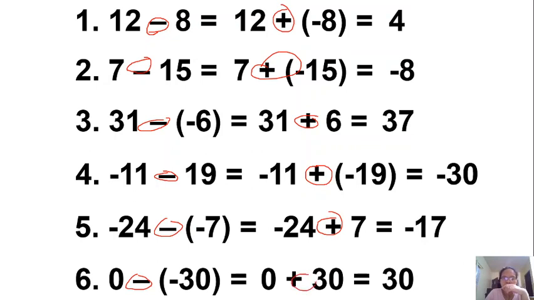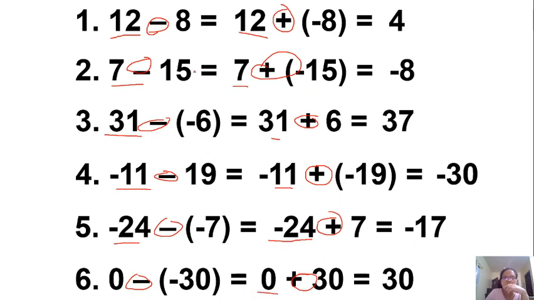Aside from that, what happened to the minuend? The first number, we simply copy. So 7, copy it here. 31, copy it here. And then negative 11, copy that one. Negative 24, you copy that. 0, so it's 0 also here.